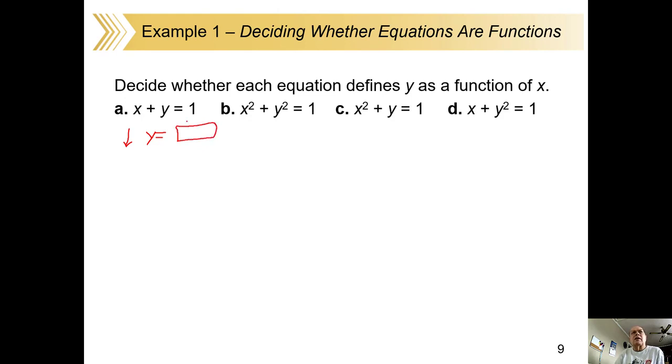Well, how do you do that? To get this y all by itself, all I have to do is subtract x from both sides. So I'll subtract x from both sides, and I'll have y equals minus x plus 1. There's your function.